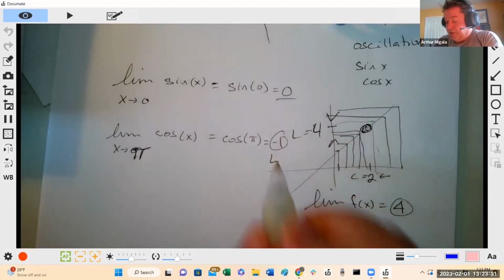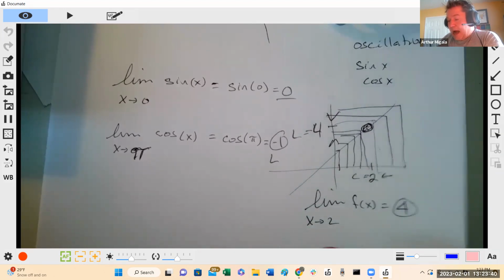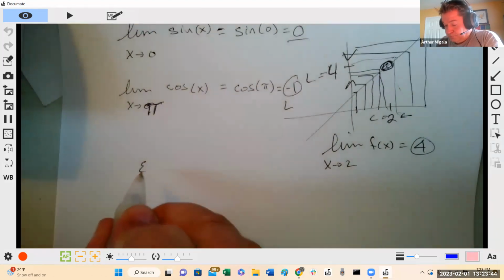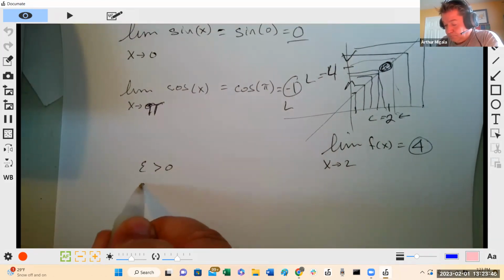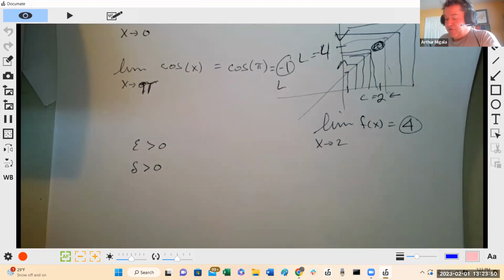Remember, this is our limit function. This is our limit value. It never said anywhere that the limit has to be positive. Our only conditions that we had were that our epsilon and delta both have to be positive. They have to be a positive distance.